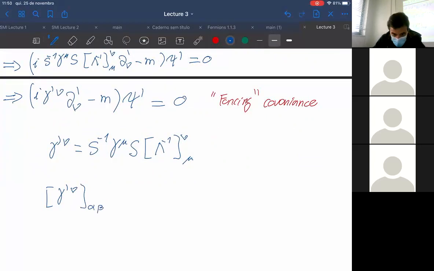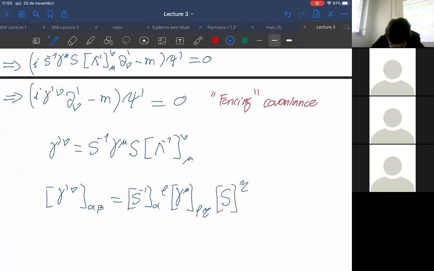So this is an alpha beta matrix, and this is equal to S minus 1 alpha rho, gamma mu rho eta, S eta beta, to contract that, and now we already have alpha and beta indices here, and finally this lambda minus 1 mu nu.